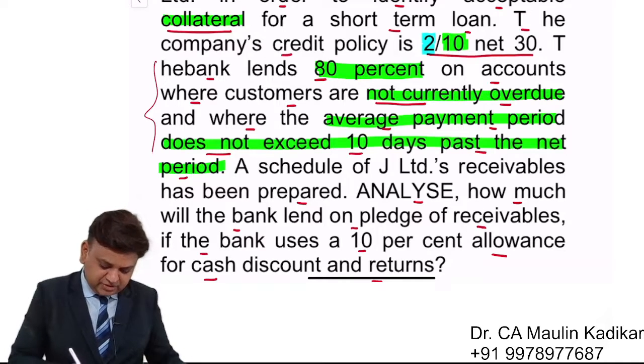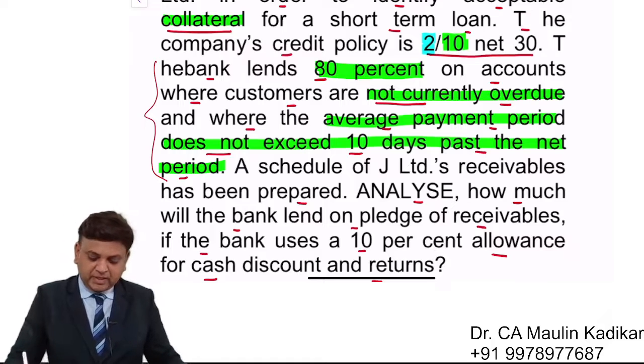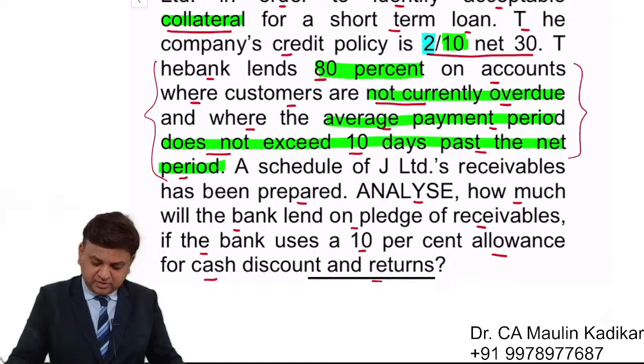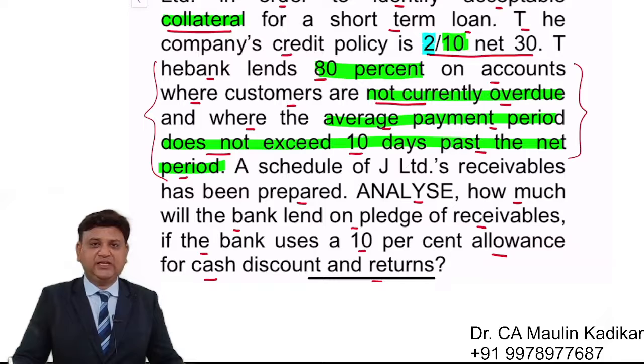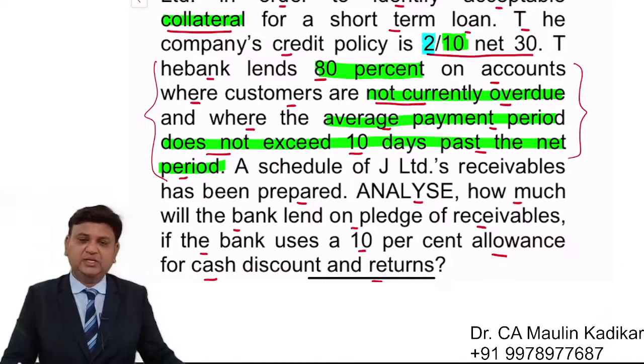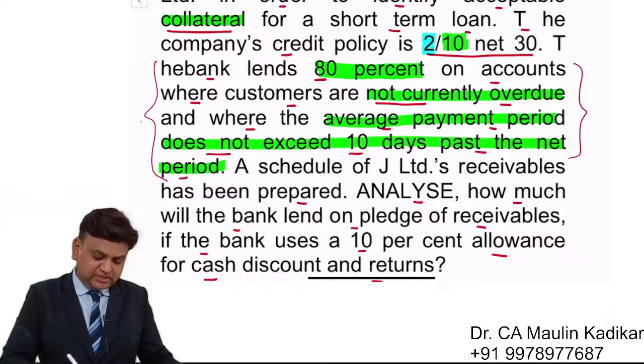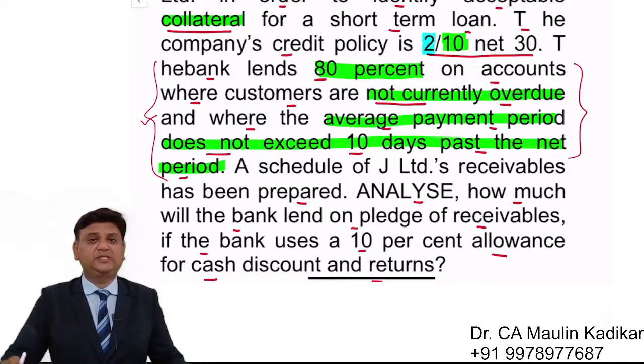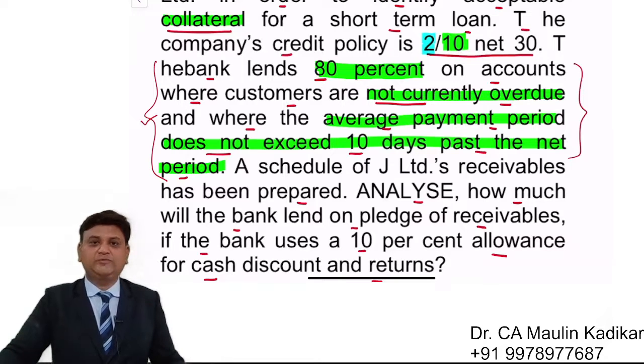Like that information is given to us. Reading this information, I want you to answer in the chat box which customers qualify for the purpose of lending. Repeat my question: reading this information, answer in the chat box which customers qualify for the purpose of loan.